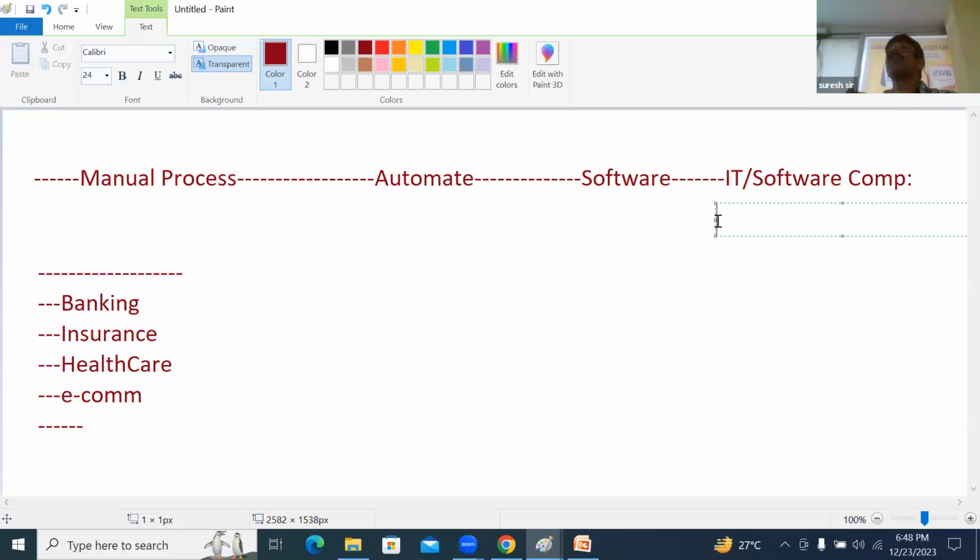What are the manual processes to be automated? All the things here. So in simple terms, they will be asking you to explain the requirement. Then you will start explaining all your requirements and everything. Perfectly okay. Completed.